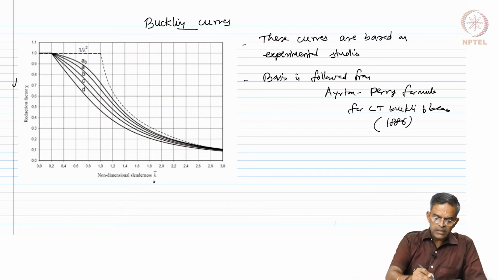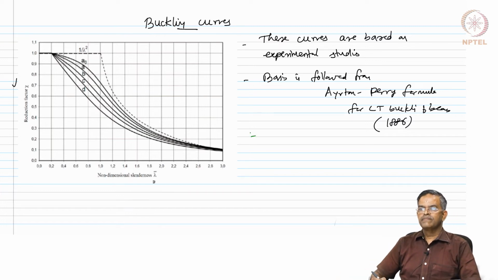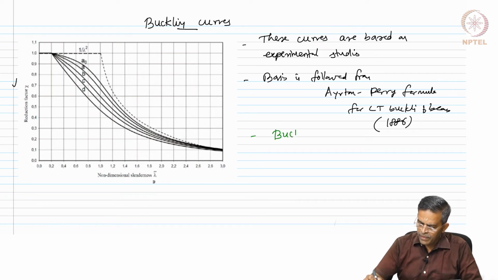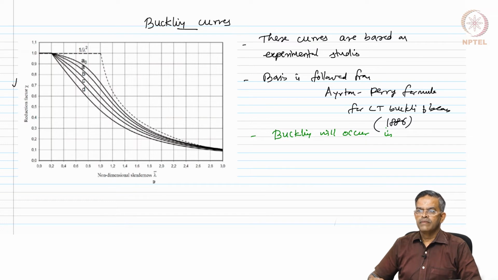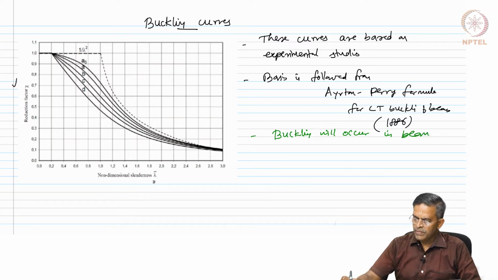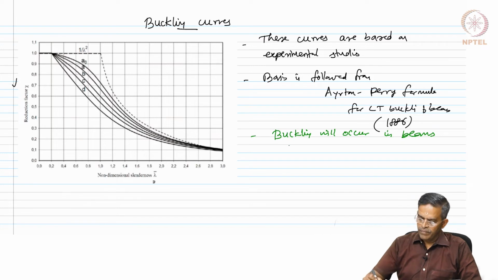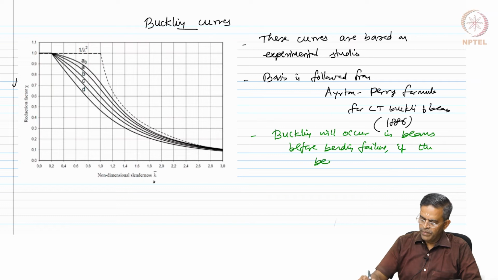It states a very interesting condition that buckling will occur in beams before bending failure if the beam is slender.